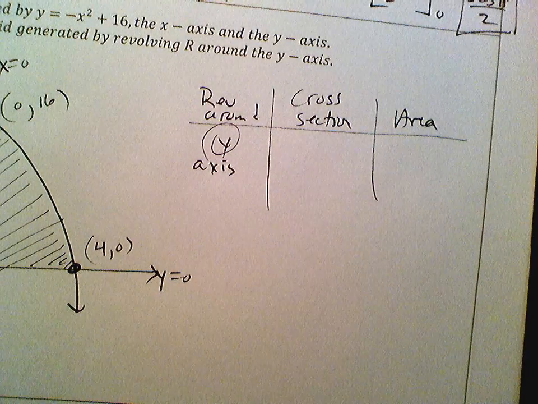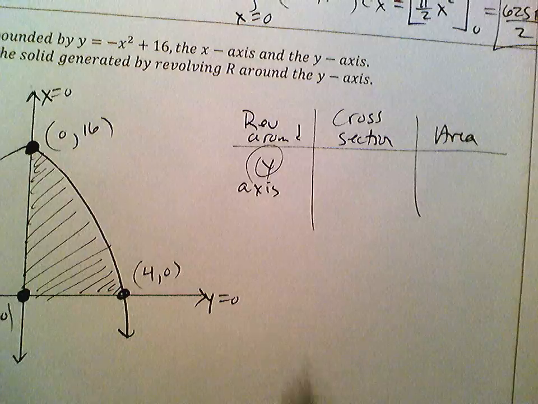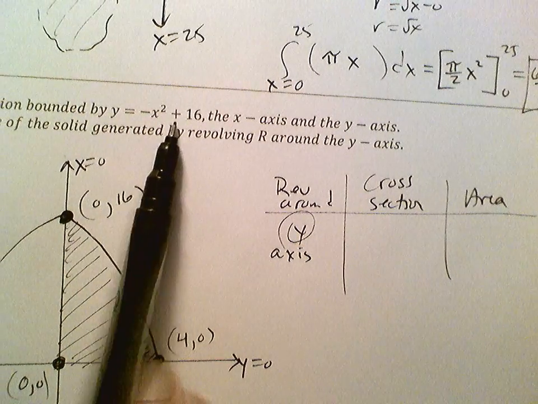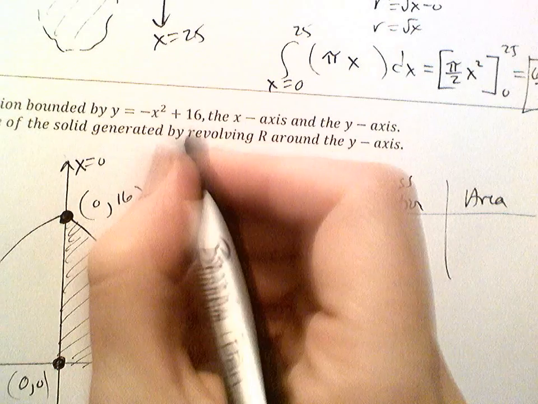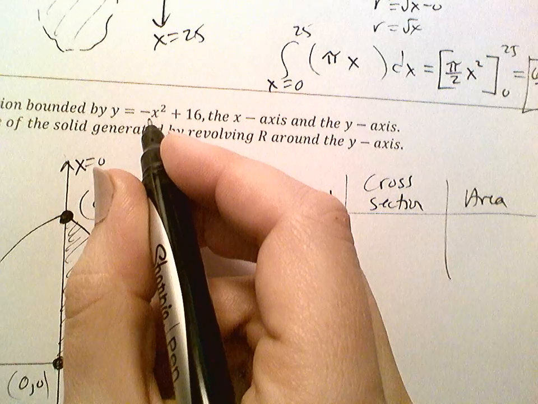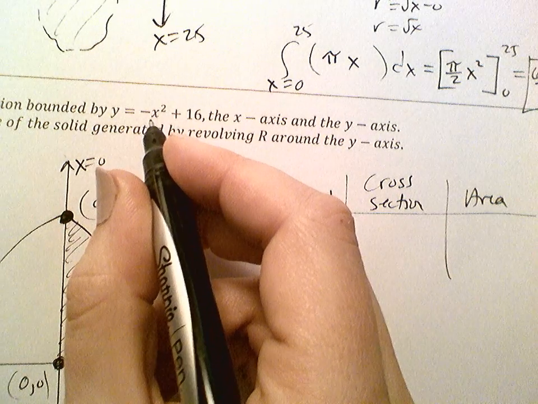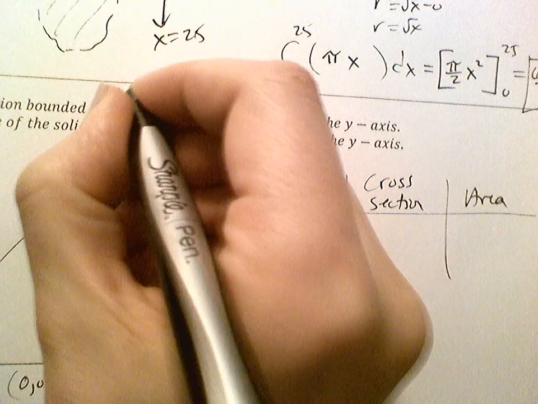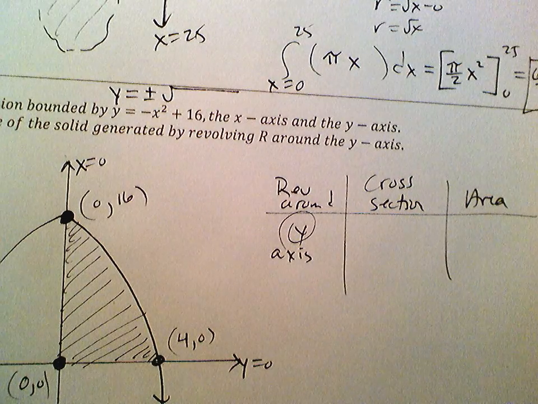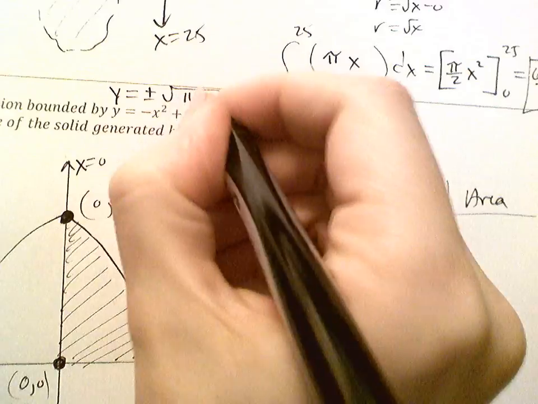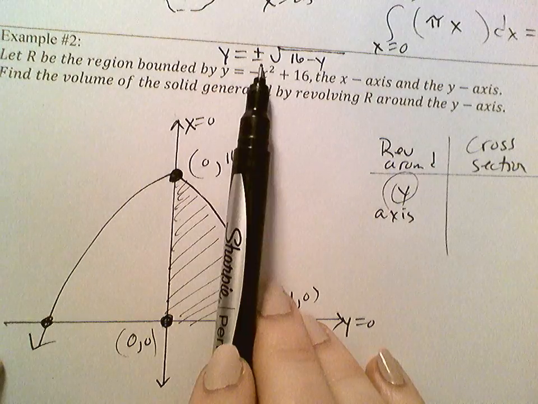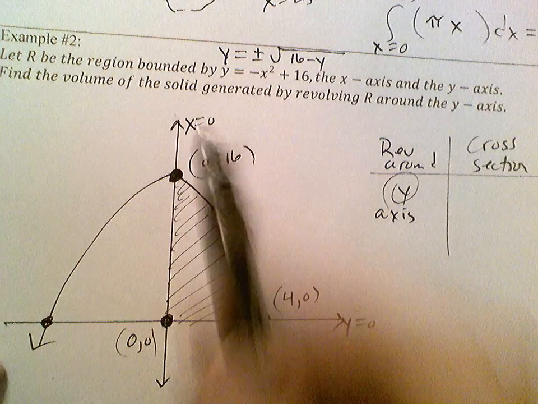So we're revolving around the y-axis, which means everything will be in terms of y. Right away I know I need everything in terms of y, which means I have to solve for x. So I subtract 16 from both sides, divide both sides by -1, and then take the square root. So we get x equals plus or minus radical 16 minus y.